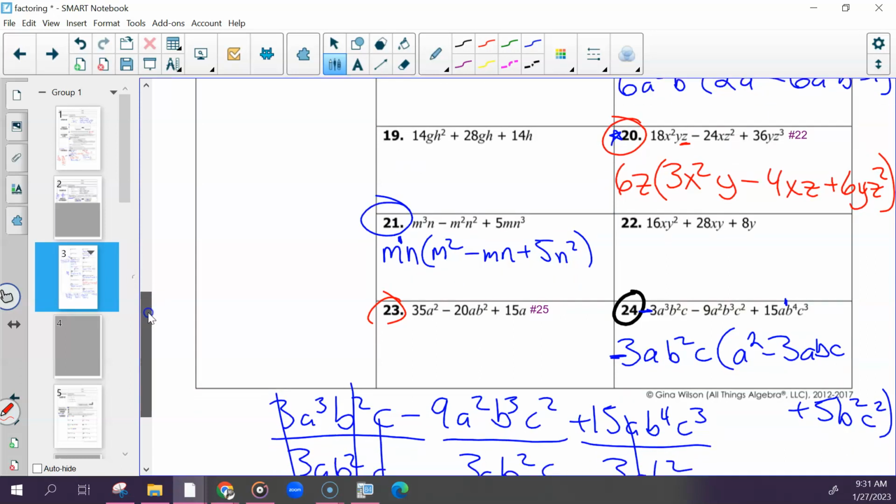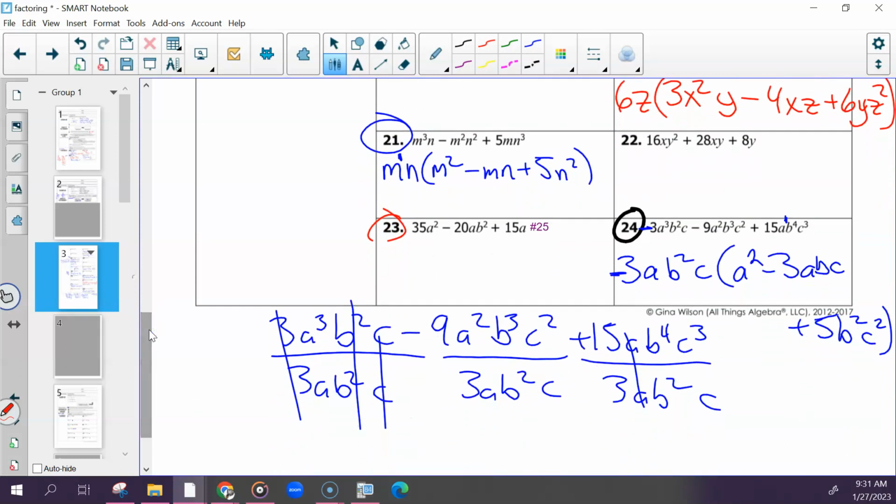And then 23. Highest number and variable, which one, how many? It is 5. A. Dividing each of these by 5A, what's left? Close.